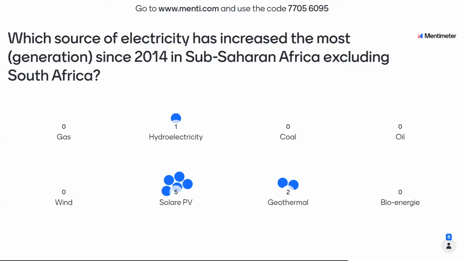So in this case, the correct answer was actually wind, because it was the number one fastest growing source of electricity between 2010 and 2019. Again, starting from a very, very low starting point, it has increased by about 50 megawatts per year.